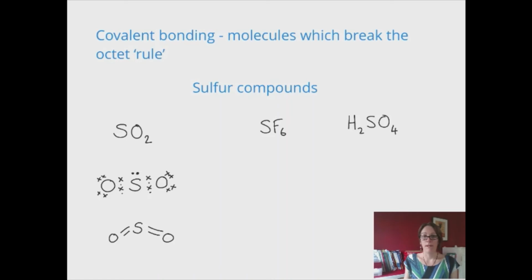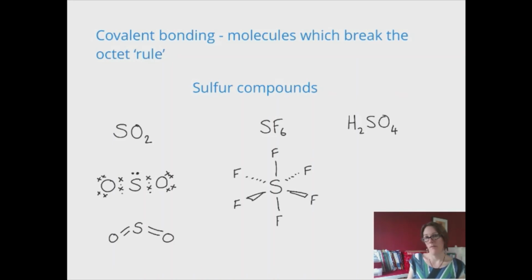what about the middle molecule then? SF6 is used all the time in shapes of molecules, which is why I'm just going to go straight to drawing it as a displayed formula showing the shape, which is octahedral, because there are 6 fluorines bonded to the sulfur, and that is the maximum number of bonds that sulfur can make.